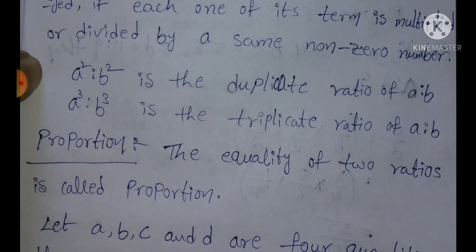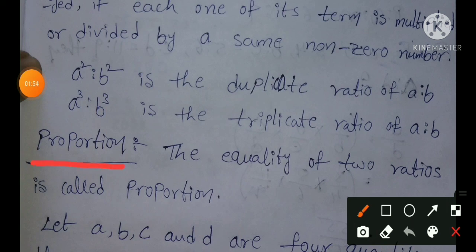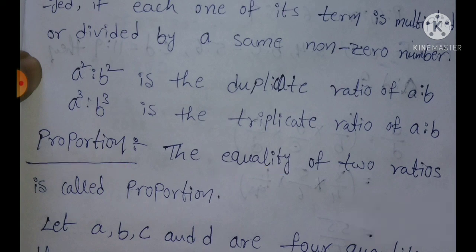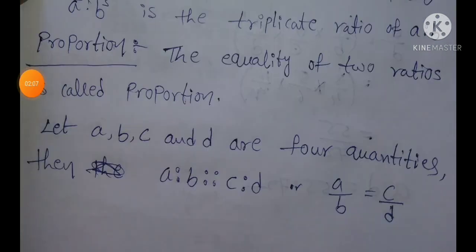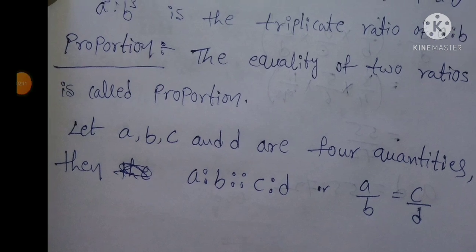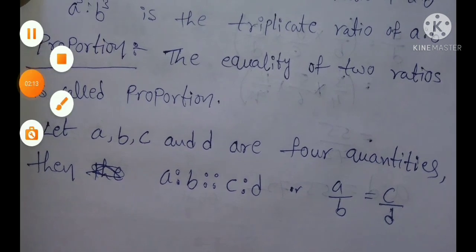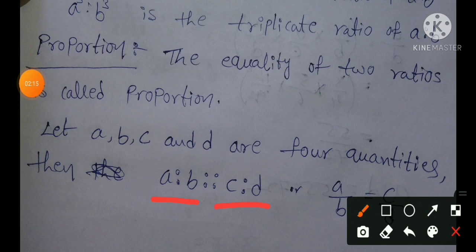Next, we are going to have proportion. Proportion is nothing but the equality of two ratios. The equality of two ratios is called proportion. Let A, B, C, D be four quantities, then A is to B is in proportion with C is to D. This is the symbol of proportion.